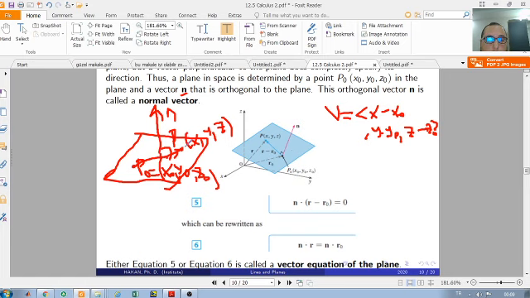We use a general representation for any point on the plane given by P, and its position vector is given as r. From here we obtain a blue vector on the plane. It lies on the plane, and we know its normal vector and a point.